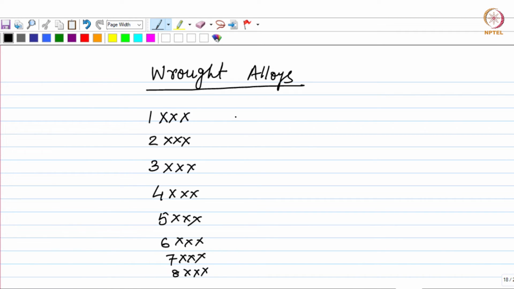So we have already discussed the significance of the first digit. This basically specifies the major alloying element or elements present in a particular alloy. 1000 we know is for pure aluminium with different levels of purity, which is specified by the last two digits.